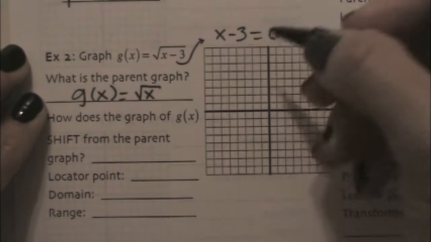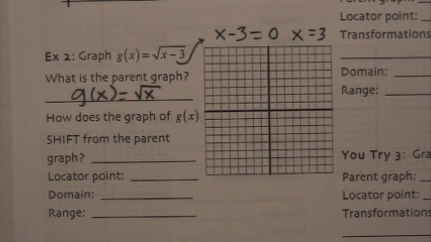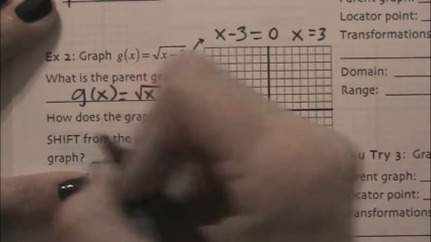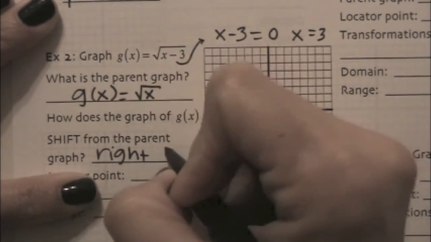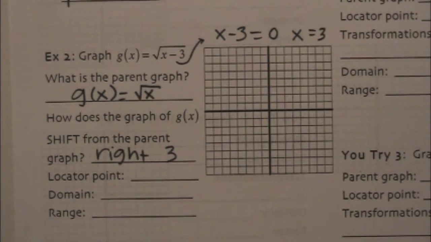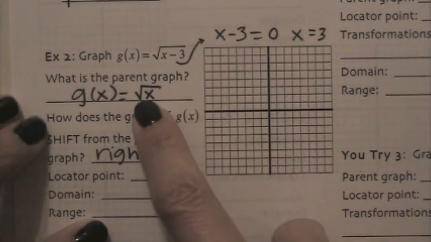And what we get when we solve for x is positive 3, so that means we're going to have a shift right 3.